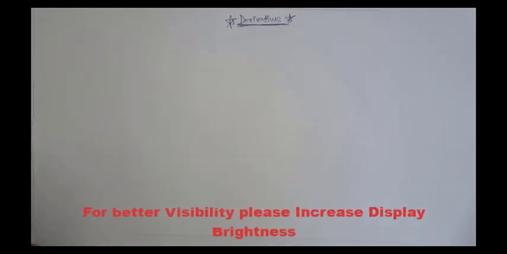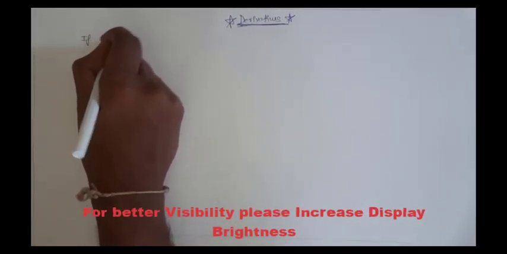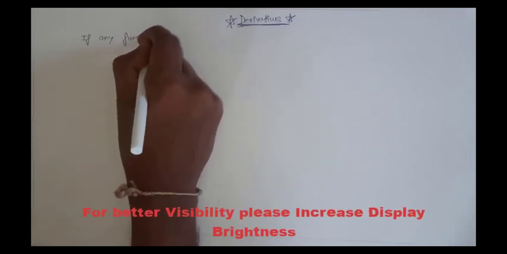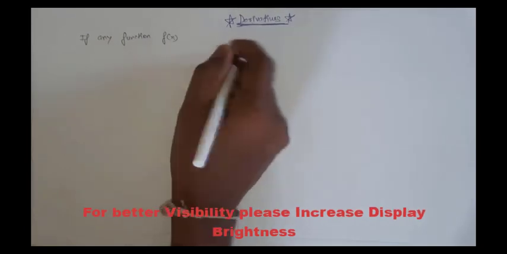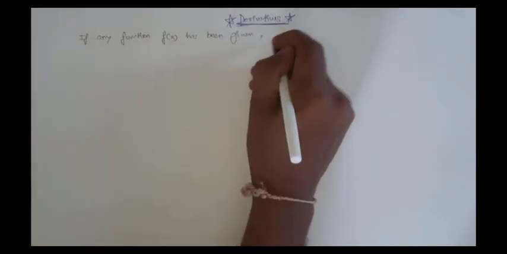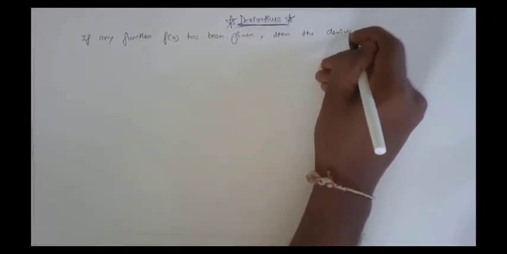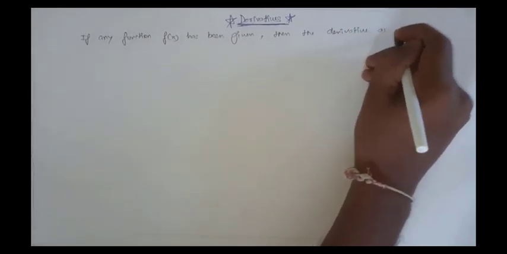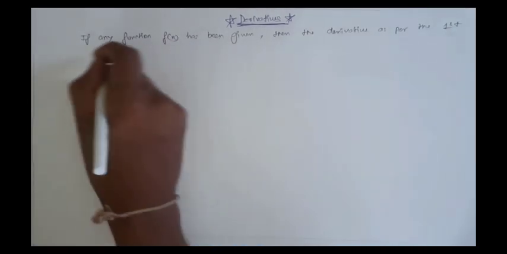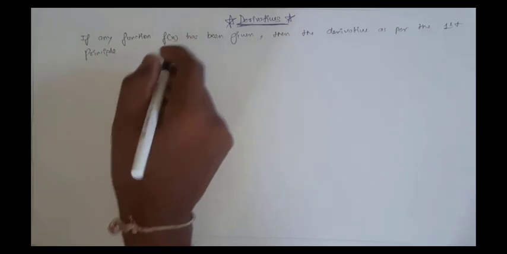So how can derivative be defined? If any function f of x has been given, then the derivative as per the first principle, that is also known as the first principle of derivative.